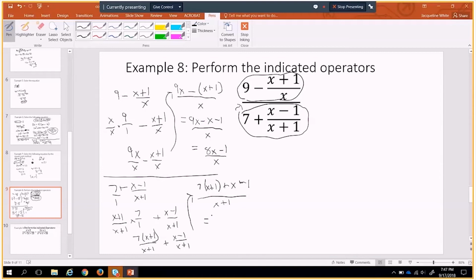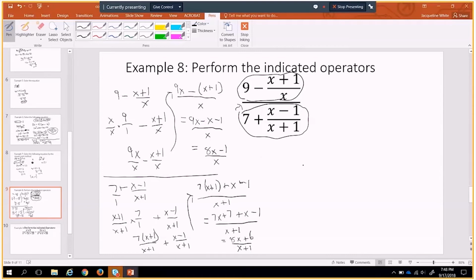So that's going to turn into 7x plus 7 plus x minus 1 over x plus 1. All right, one last step, combining like terms. So it's 7x plus x, and that's equal to an 8x. 7 minus 1, that's just going to be a plus 6, all over x plus 1. All right, so that's our numerator right now.